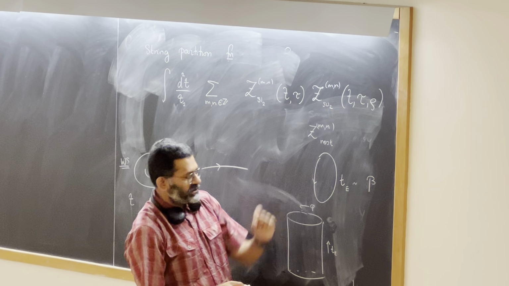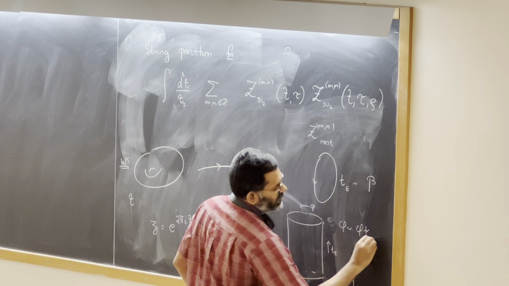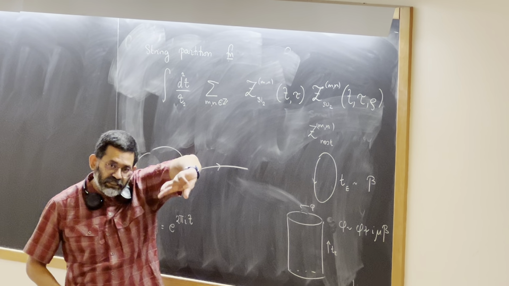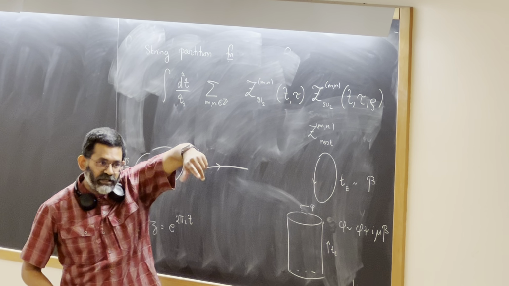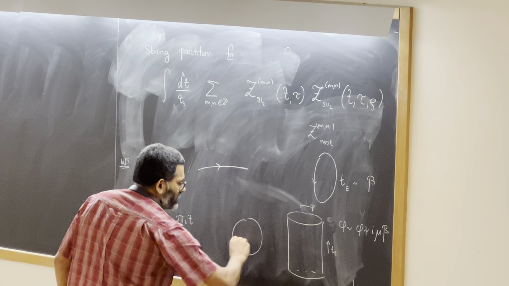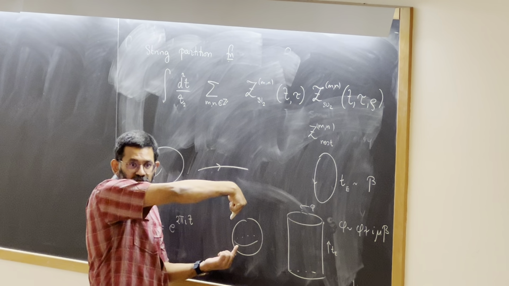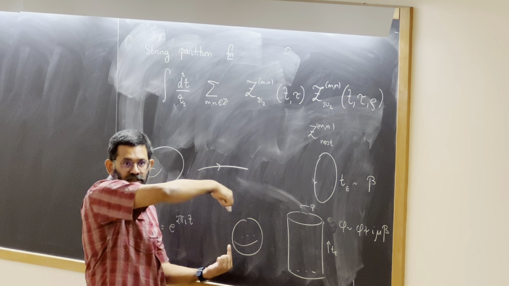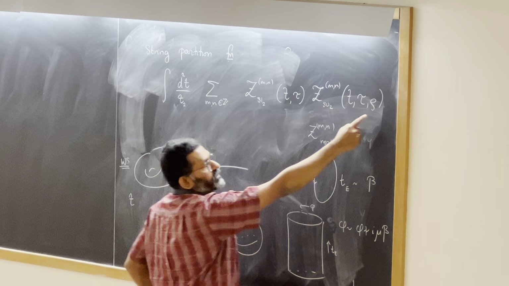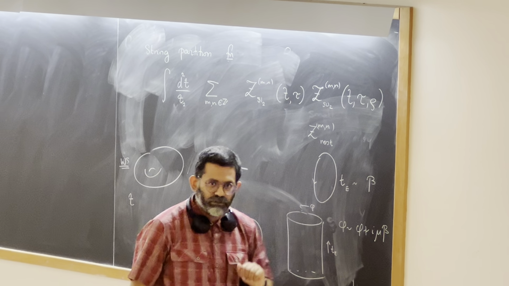But as I go around this circle, I can twist phi by introducing a chemical potential for rotations along the phi direction. I also have, if I have a 3-sphere, then I can twist the Hopf angles of the 3-sphere to give myself chemical potentials for SU2. Those I'm going to call rho, and if I have two of the SU2s, I'll have rho plus for one of them and rho minus for the other one.